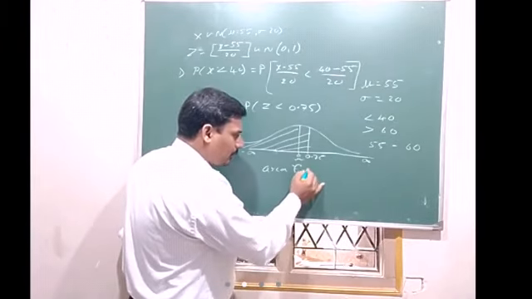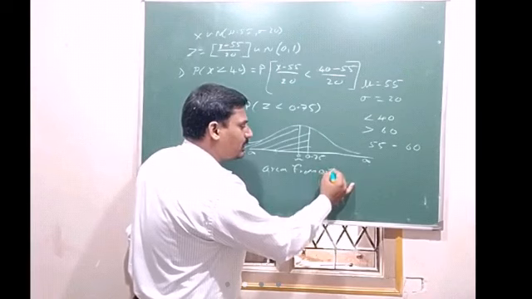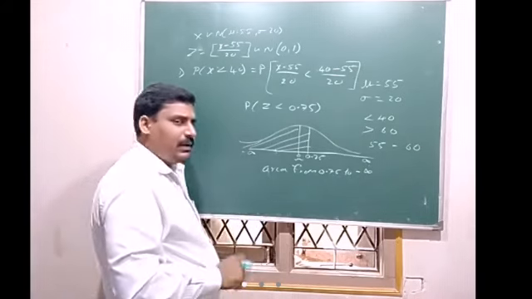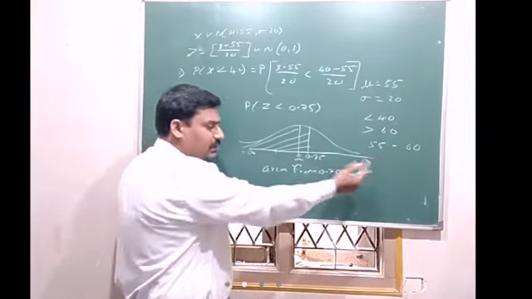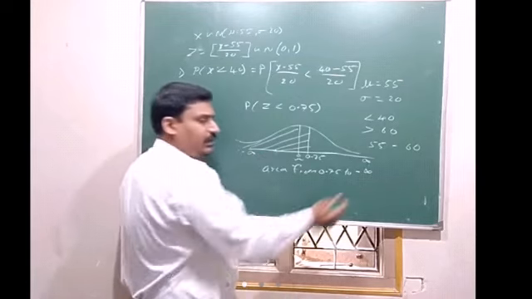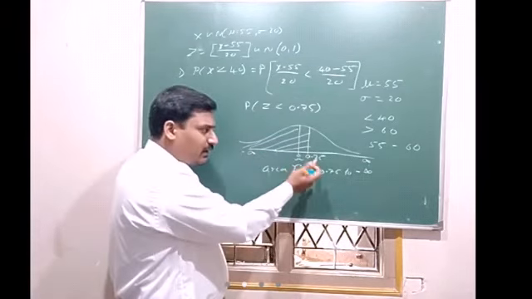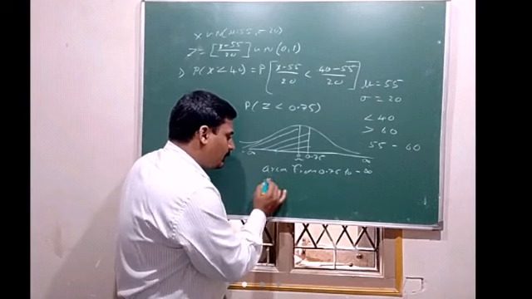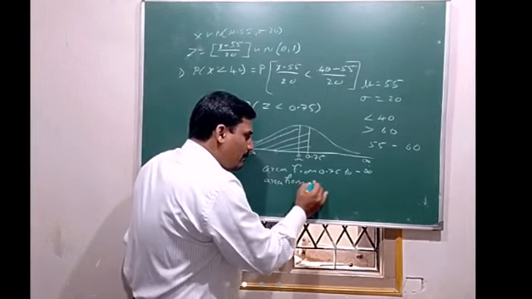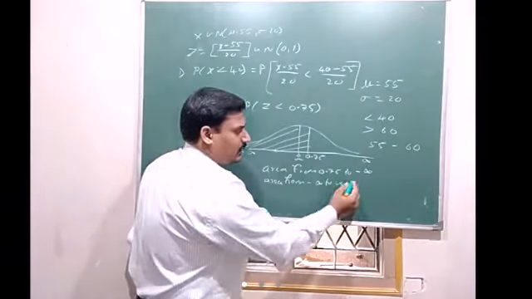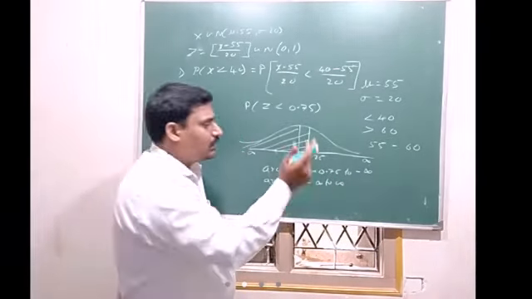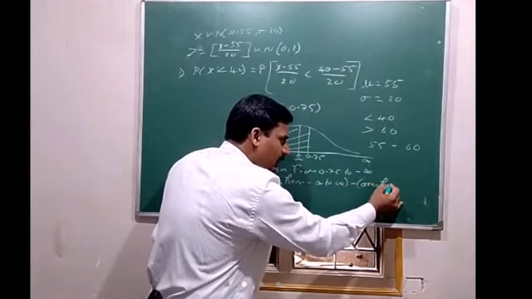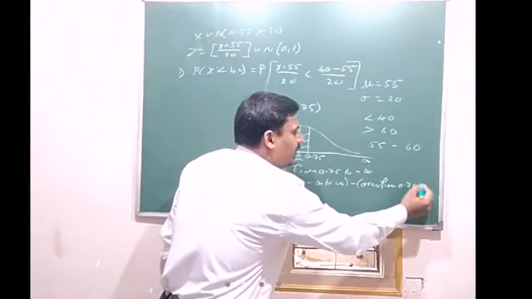So that is the area from 0.75 to minus infinity. Since in the table we have values from 0 to infinity, we don't have values for 0.75 to minus infinity here. Therefore, I'll rewrite it. Area from minus infinity to plus infinity, total area, that is 1, minus area from 0.75 to infinity.